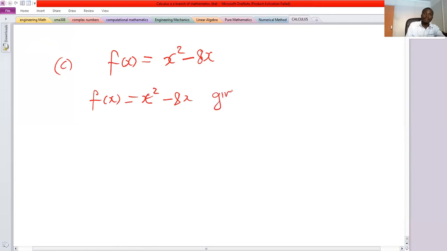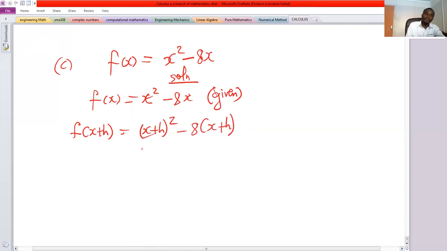This is given in the equation. f of x plus h will be x plus h squared minus 8 into x plus h. So I have x squared plus 2xh plus h squared minus 8x minus 8h.